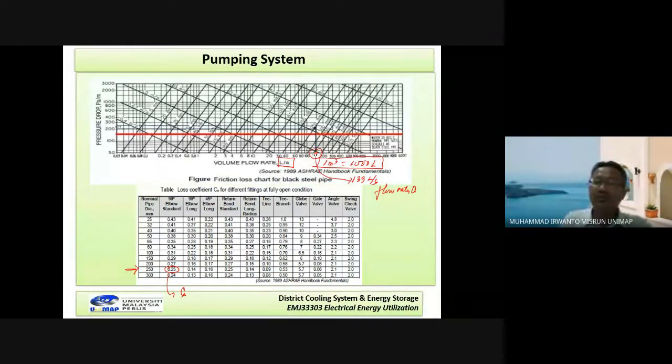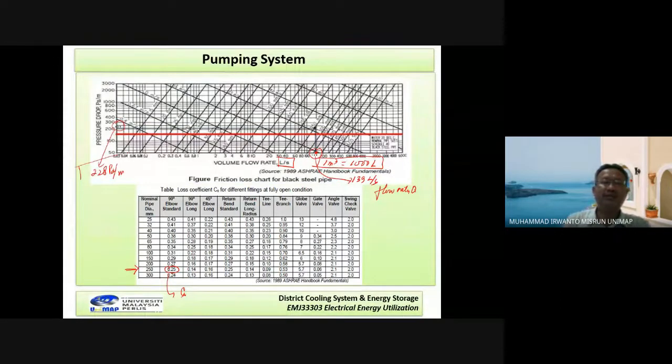So this line, we refer to this one. From the Q, 139 here, drag until arriving at this line. Stop. And then go to the left side here. We obtain the pressure drop is around 228 Pa per meter.